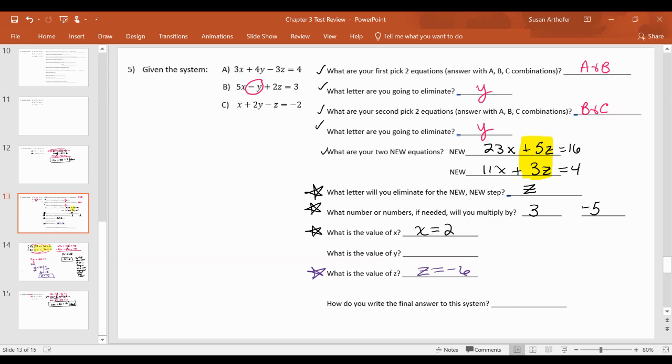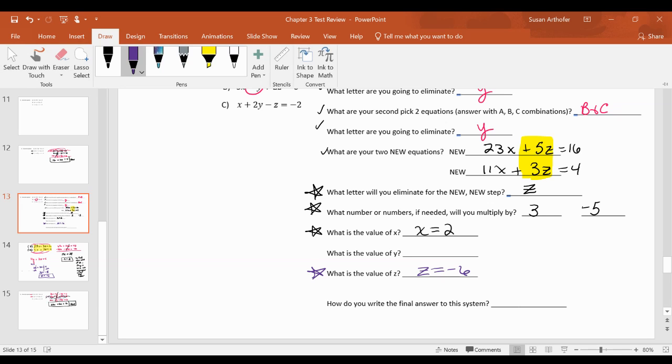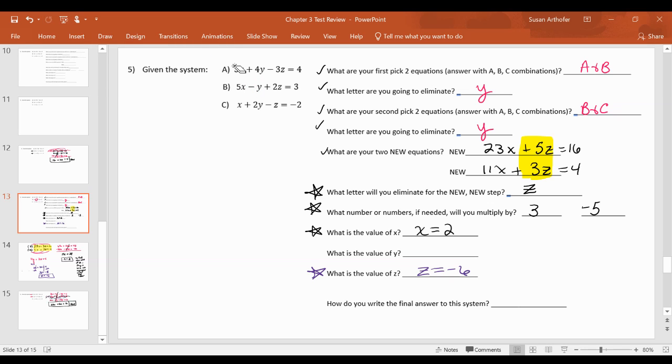And now we just have to find the value of y. So in order to find the value of y, let me just erase this for a minute. Okay.